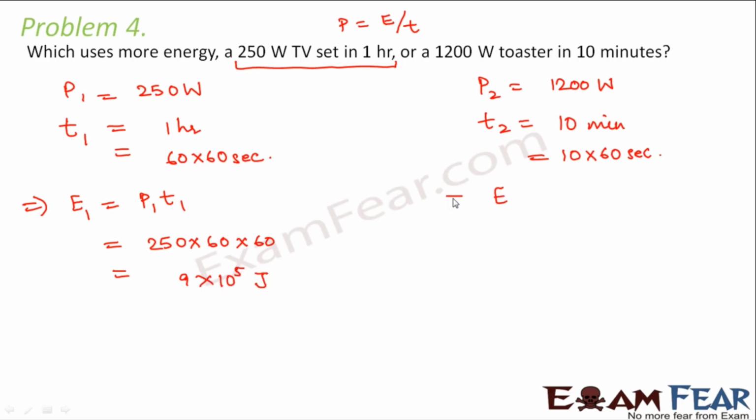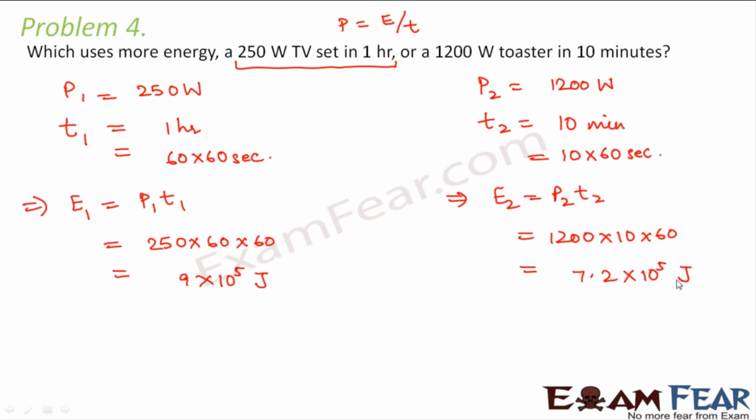Again, in this, energy will be equal to power into time taken, that is equal to 1200 into 10 into 60. So this comes out to be 7.2 into 10 to the power 5 joules. So if you compare the value of E1 with E2, we see that E1 is greater than E2. That means the television set uses more energy than the toaster.